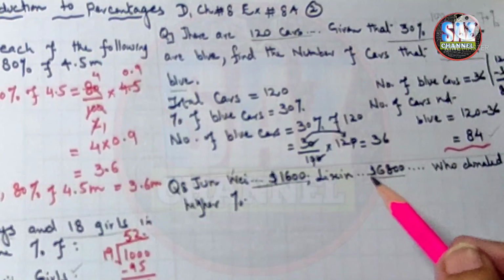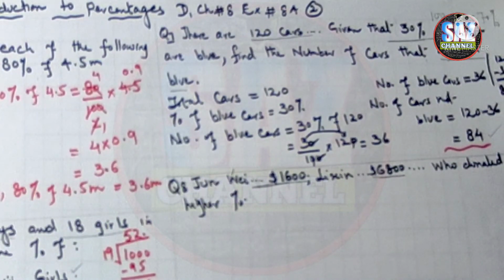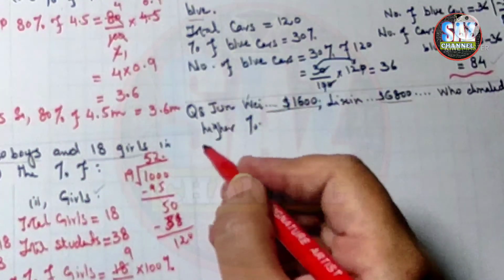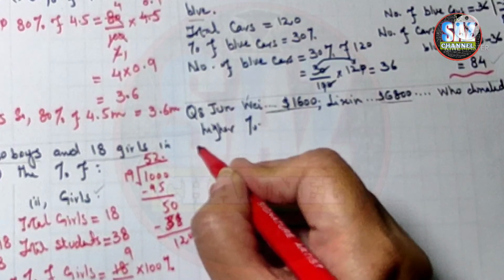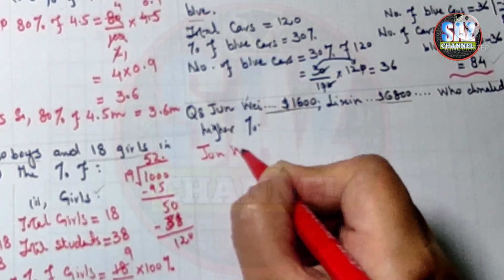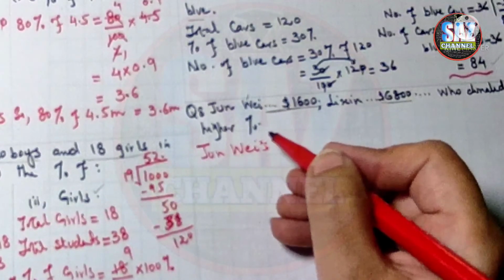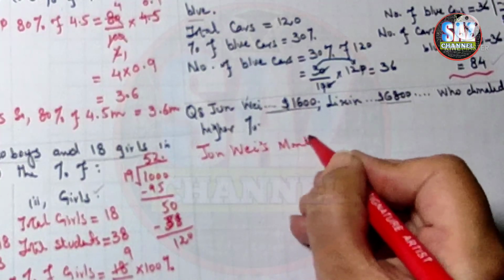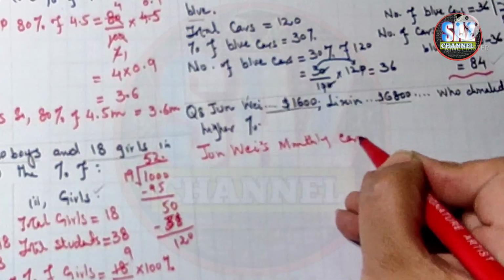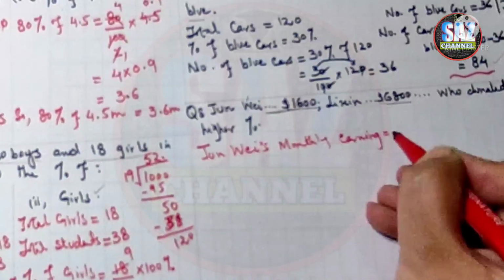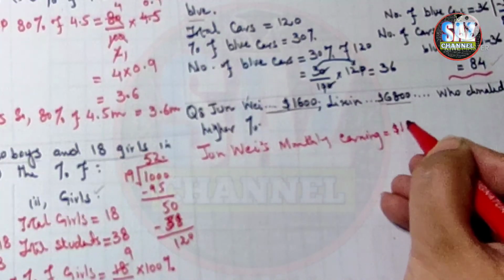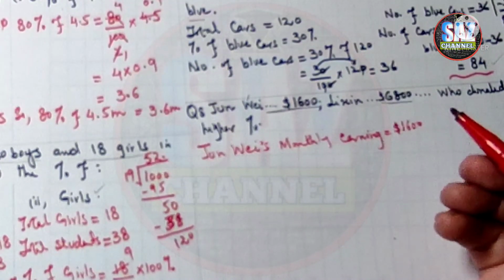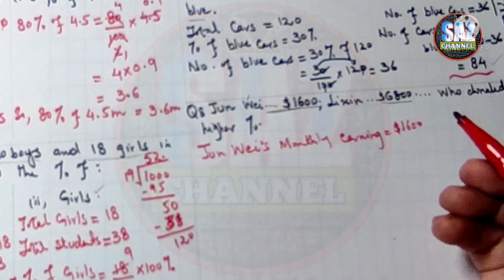Okay, let's try to understand the question. Janvi is a bus driver, and Janvi's monthly earning is $1,600. Okay. Then first let's talk about Janvi completely, and then we will be talking about the other person.